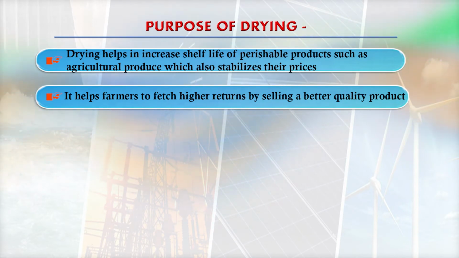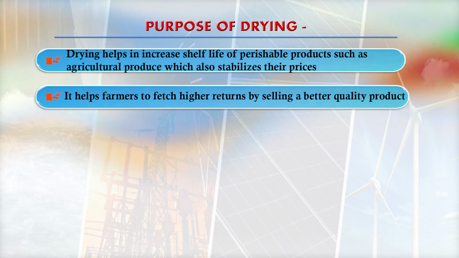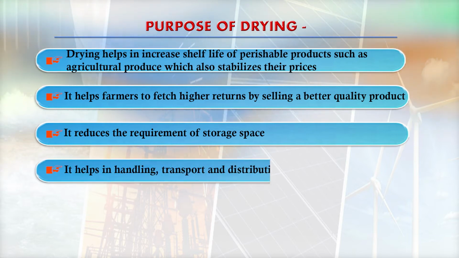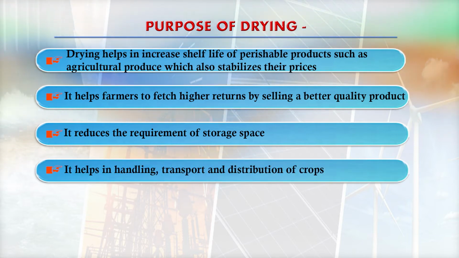Second, it helps farmer to fetch higher returns by selling a better quality product. Third, it reduces requirement of storage space. Fourth, it helps in handling, transport and distribution of crops.